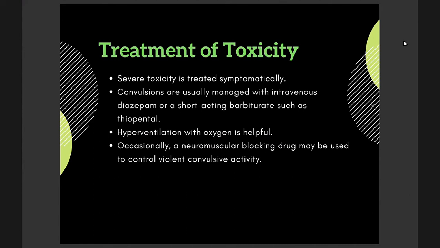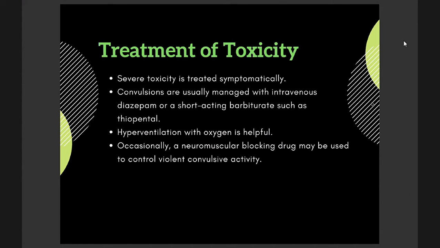You should have adequate oxygenation of your patient, and the airway must be patent. So support the airway first, and then the cardiovascular system. If there is hypotension, you have to treat the hypotension. If there is bradycardia, then you have to treat the bradycardia of the patient.